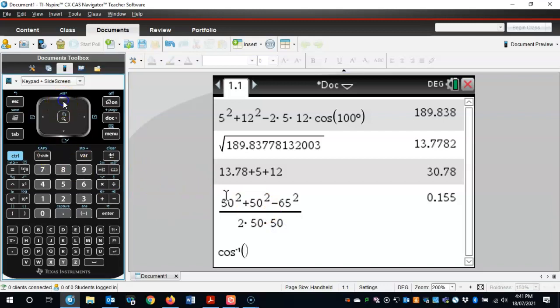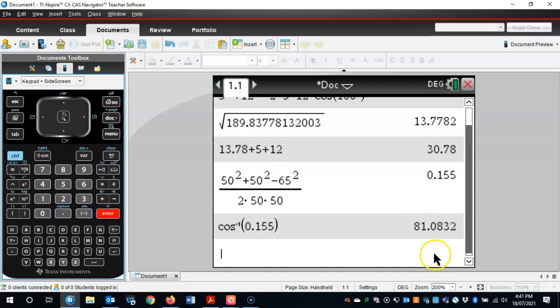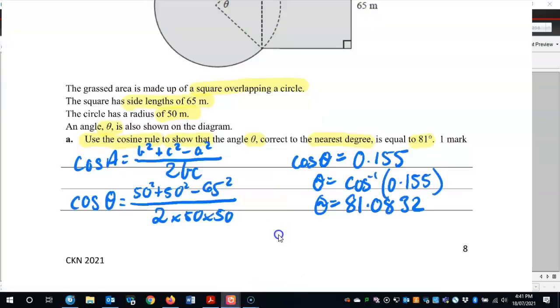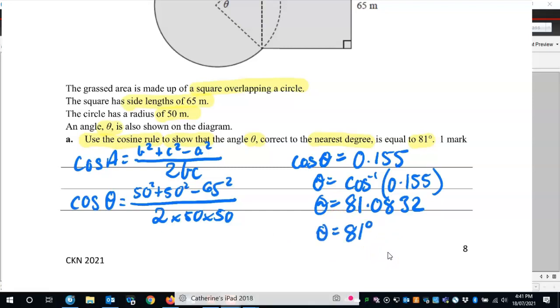And we can just arrow up, grab that down, control enter, and yes, equals 81.0832. And so, yes, theta equals 81 degrees.